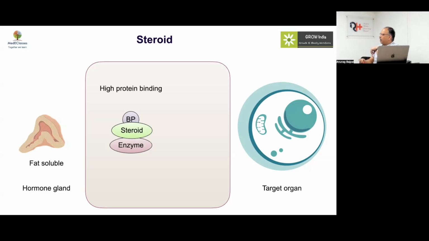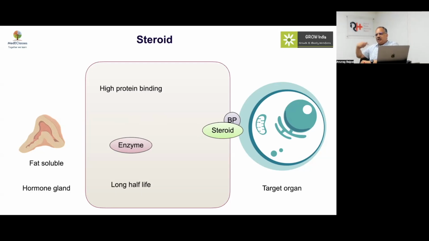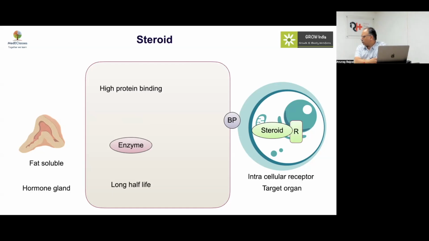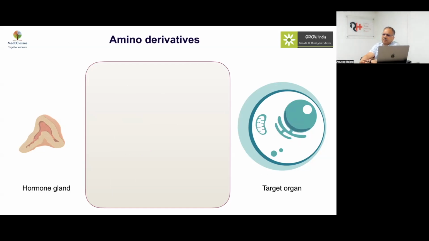But once they go into the cell, they immediately leave the binding protein and go inside the cell directly. So they have direct penetration, and then they work on the nuclear intracytoplasmic receptor to activate the transcription process. So this is the major effect.